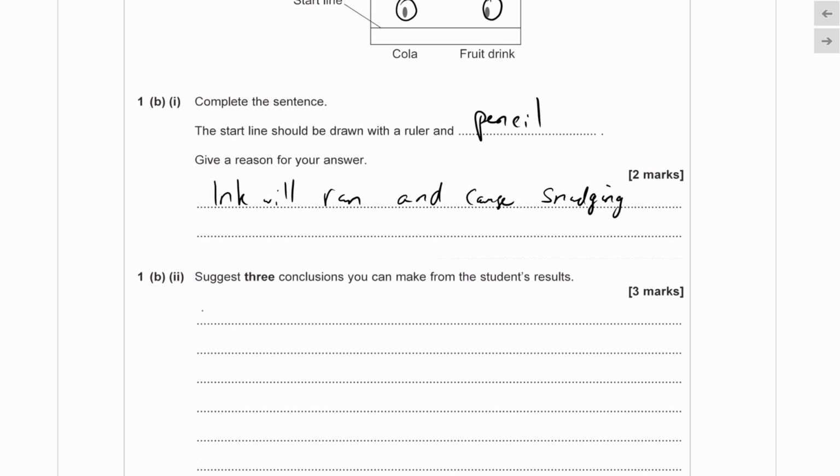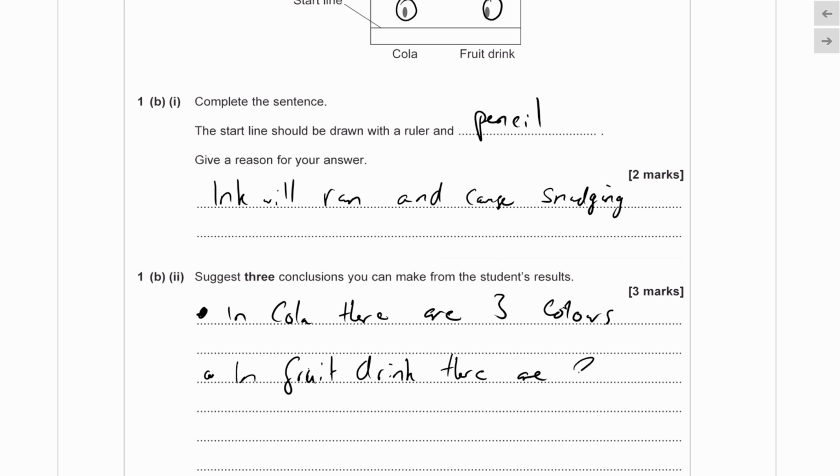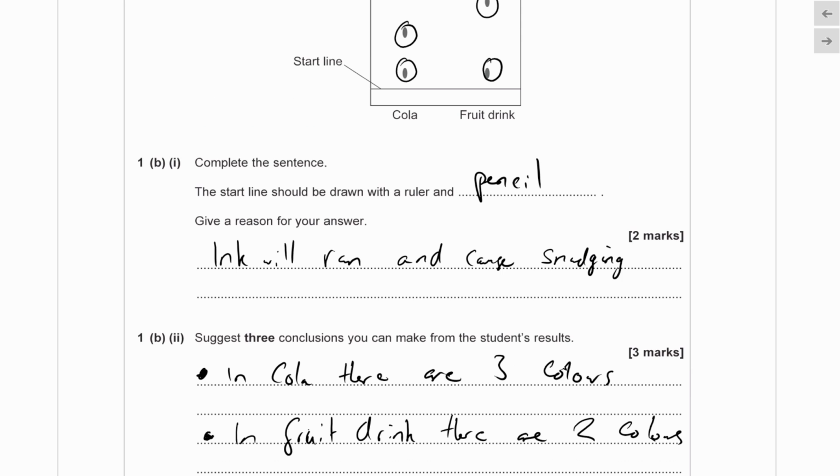So I'm going to say in cola there are 3 colours. Alright, the second one, in the fruit drink there are 2 colours. Alright, that's 2 out of 3 marks already, which seems very simple, and it is.